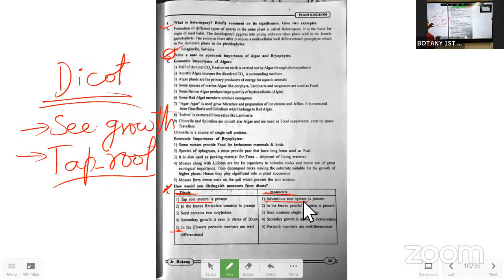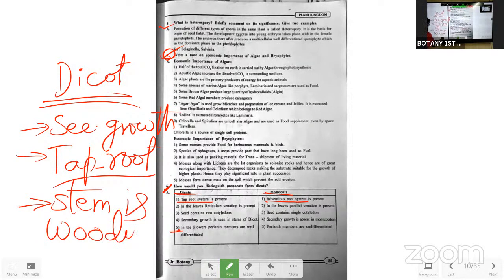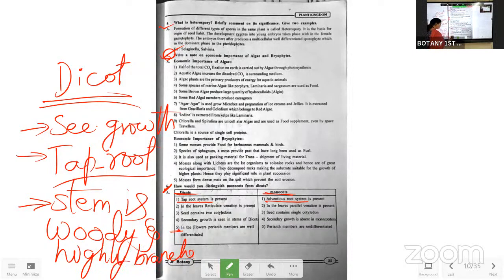After the root system, now comes the stem. Stem is having the clear woody-like stem, highly branched. That's the one we have to add over here. The stem is woody and highly branched.